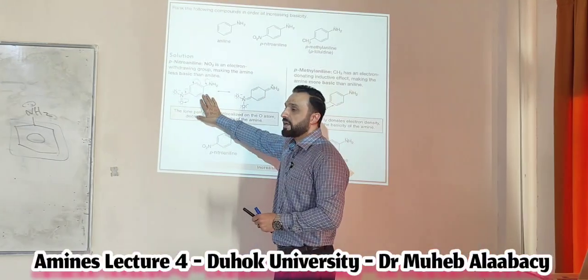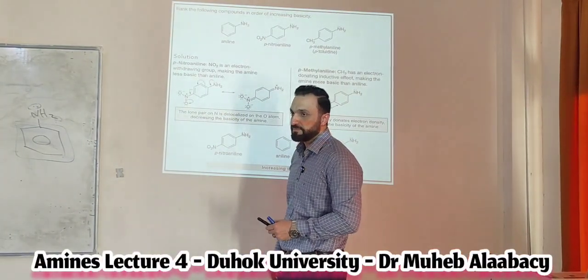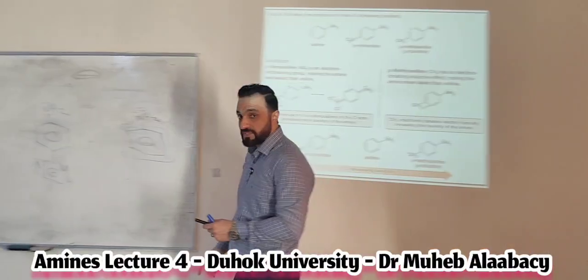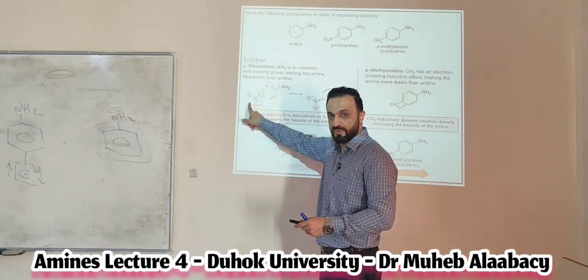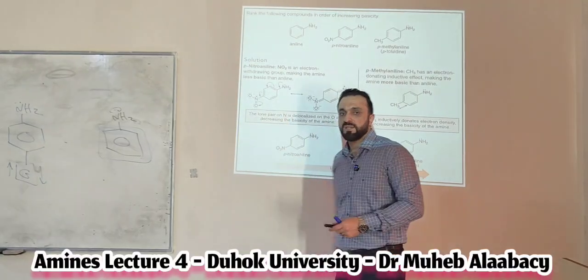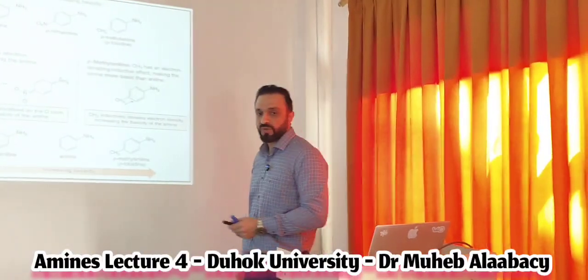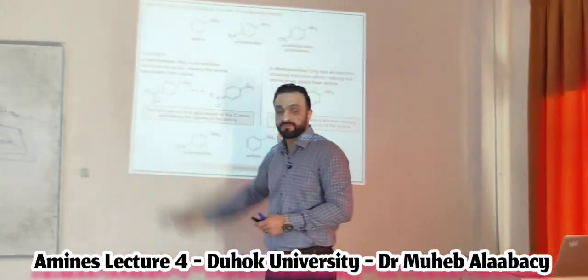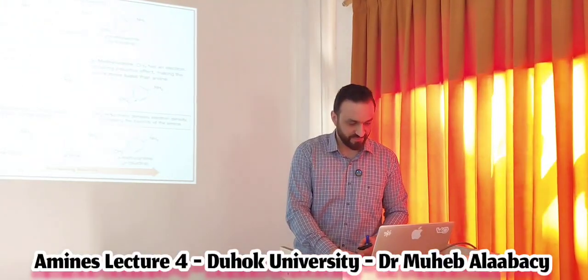If I say to you, write all possible resonance structures, how many? Yes, 3 for the benzene ring and 2 for the nitro group, so 5 resonance structures. Try at home to draw all the resonance structures. Do you have a problem? No? Okay.